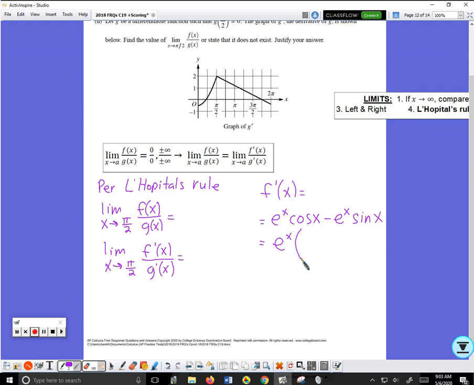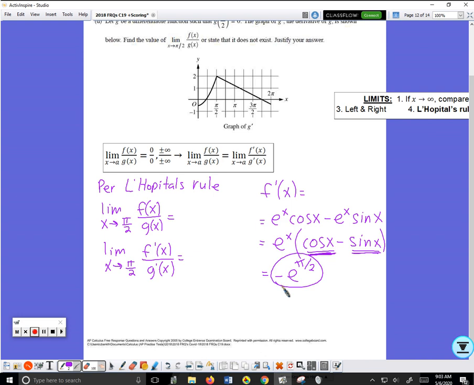This is a hard problem, lots of details. When we get close to pi over 2, this gets close to 0 and this gets close to 1. So this entire limit gets really close to negative e to the pi over 2.